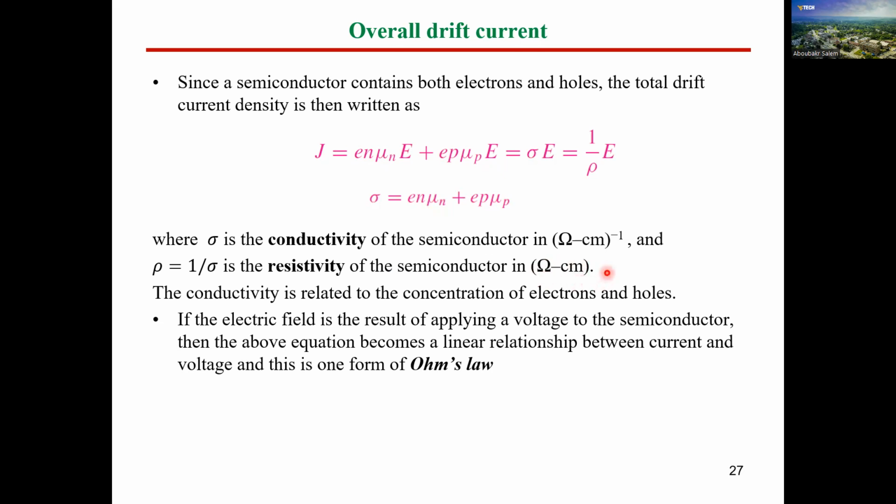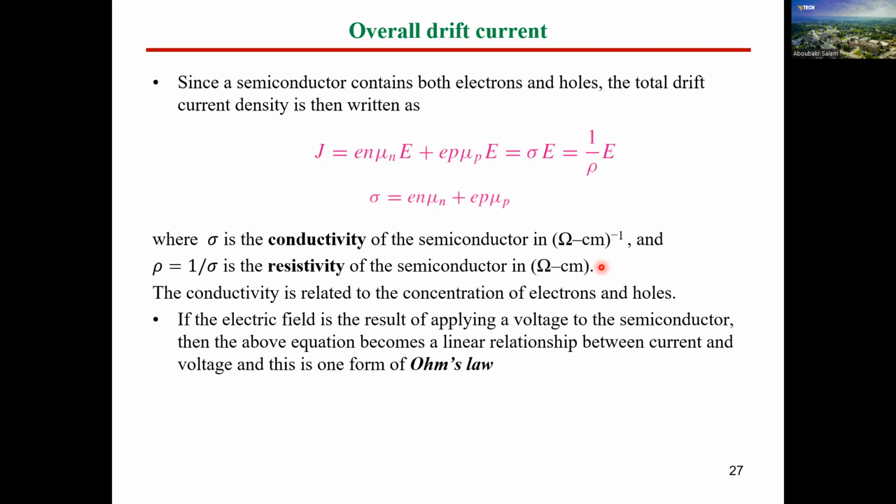If the resistivity of the semiconductor material is small, this means you have a high quality semiconductor material. But if the resistivity is high, this means you have a low quality semiconductor material because the losses will be higher. Later on, we will discuss the losses within semiconductor material.